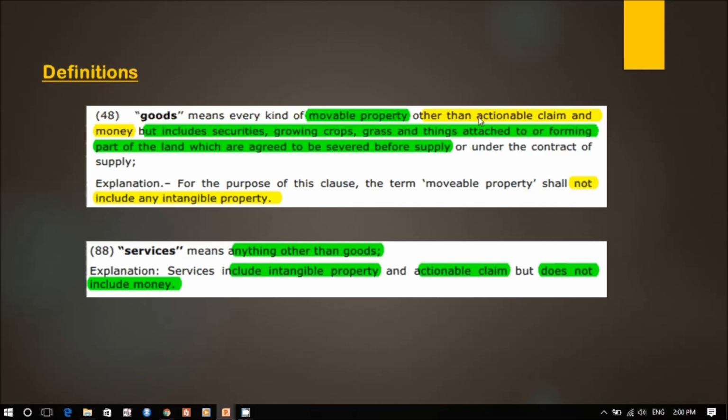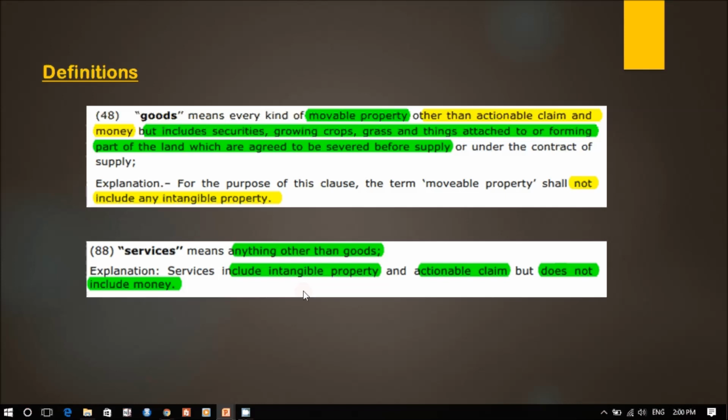So if I think about these three terminologies: actionable claim has been covered under the services. Money is not part of the goods as well as the service, so it's not going to be covered under the GST. But intangible property is not part of the goods, but it's part of service. So only money is the thing that's not covered under goods and services.